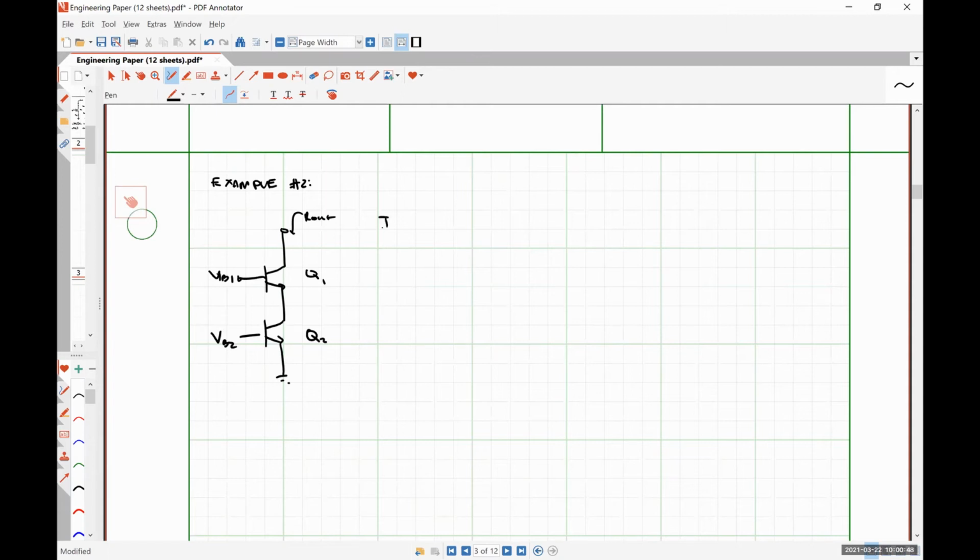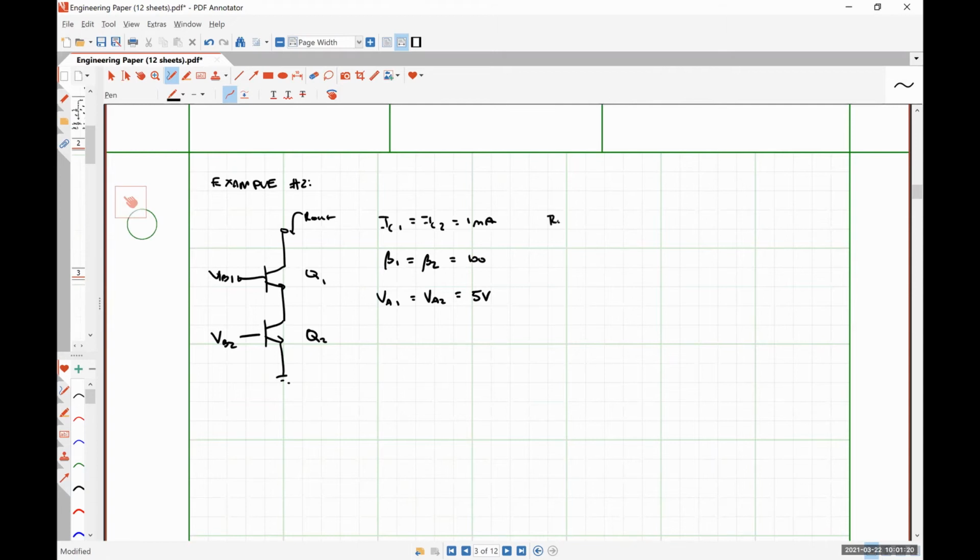Let's say that IC1 is identical to IC2, is 1 milliamp. Beta 1 is equal to beta 2 is equal to 100. And our early voltage VA1 is equal to VA2 is equal to 5 volts. So effectively, we're cascoding this guy with a completely identical NPN transistor.